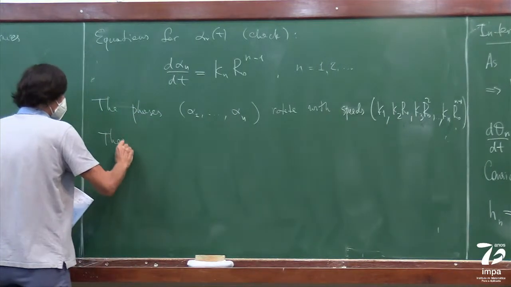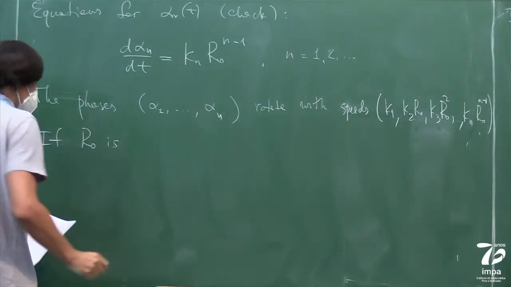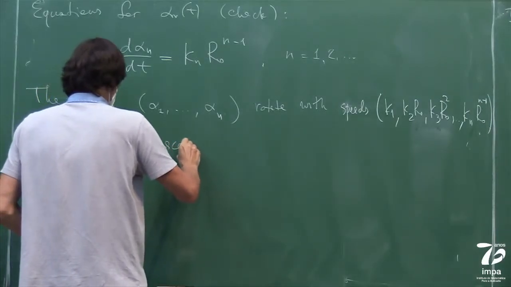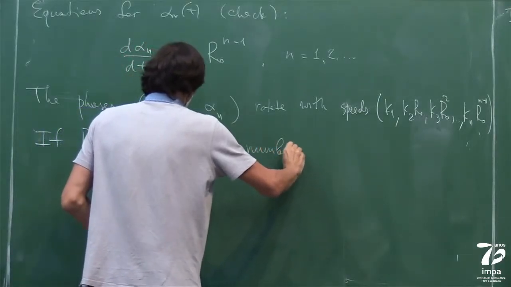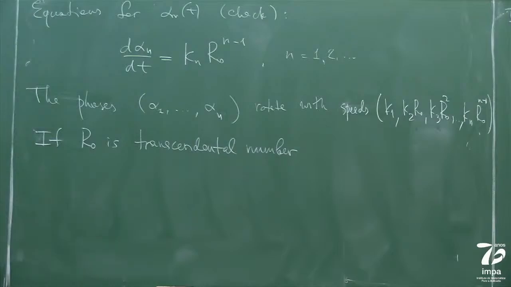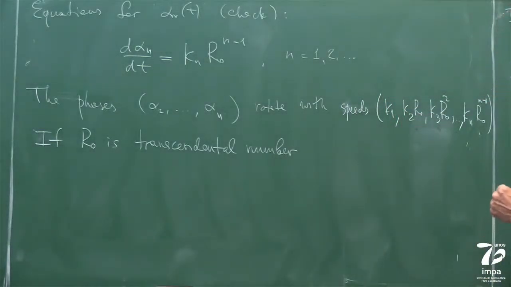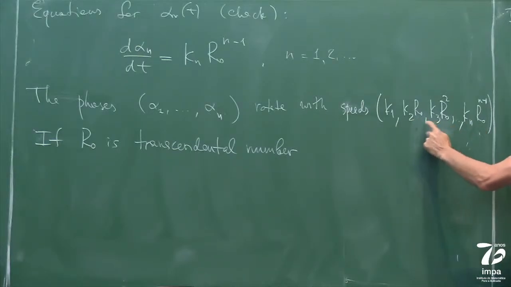If R0 is a transcendental number, remember what a transcendental number is, then you see these are powers of the same number.